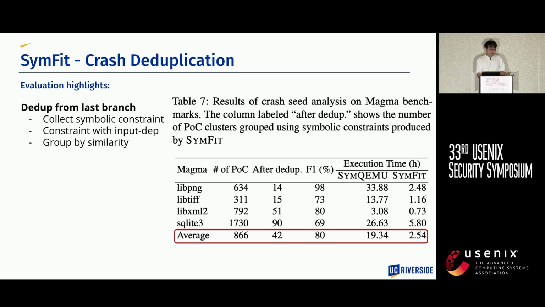We also collected constraints that have input dependency with the last branch. For the deduplication, we simply group all the seeds that produce the same or similar symbolic constraints. And we can show that this approach, while not perfect, can achieve an 80% F1 score, and more importantly, it's very efficient.